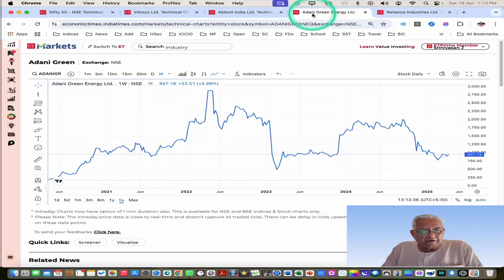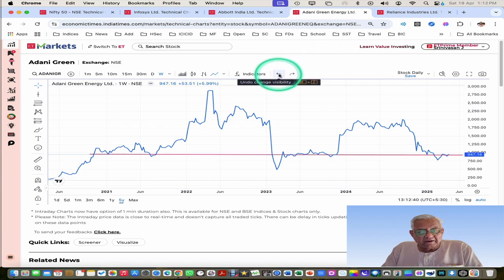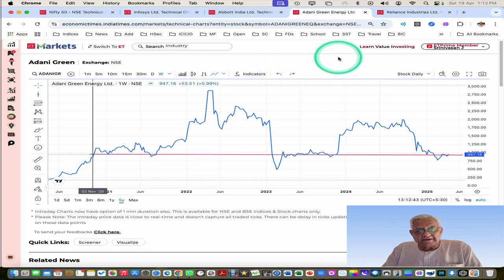Look at another one, Adani Green. Adani Green has been more or less stagnant, just like Infosys. Unless you are trading, you are going to lose money in this stock.